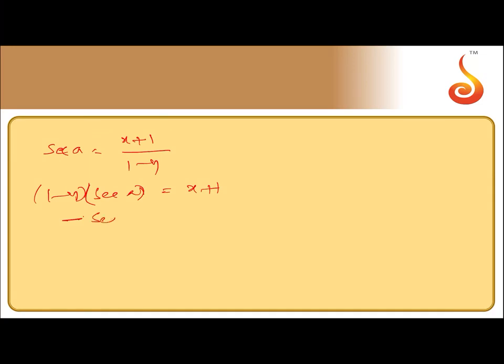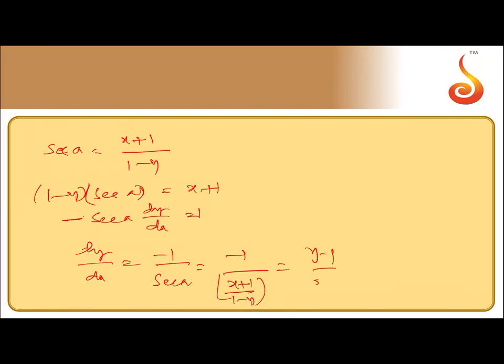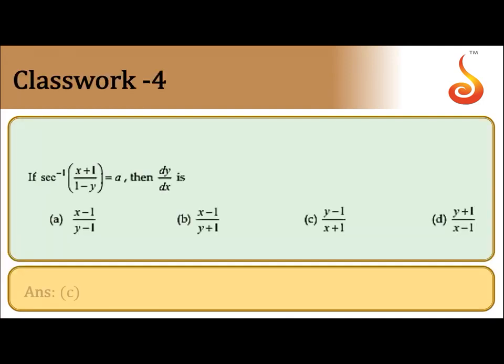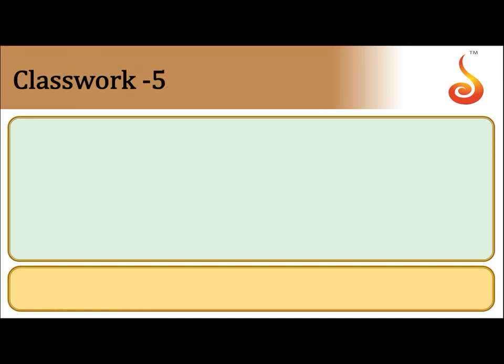Derivative on both sides will be getting minus secant A into dy by dx is equals to 1. So therefore dy by dx is nothing but actually it is minus 1 divided by secant A. So why don't you substitute secant A reciprocal here, which is nothing but actually x plus 1 by 1 minus y, which is same as y minus 1 by x plus 1. Answer is equals to y minus 1 divided by x plus 1.